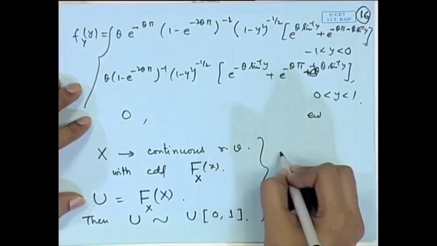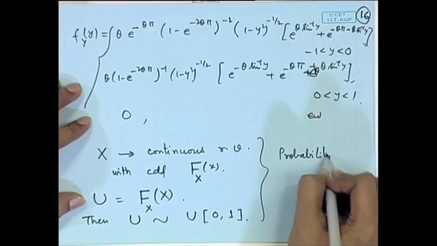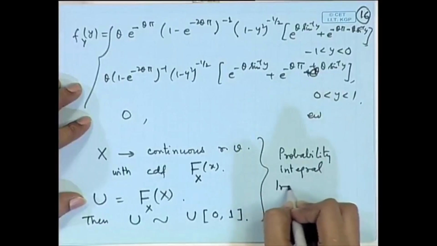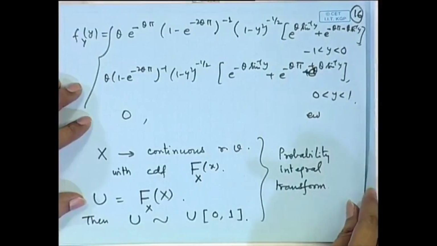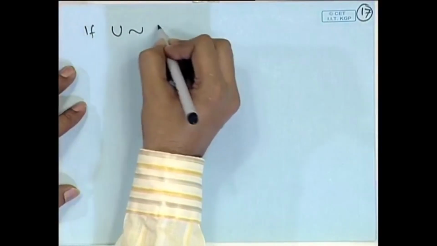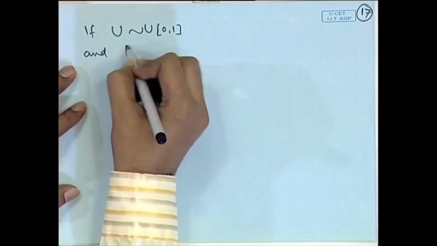So, this is known as probability integral transform.